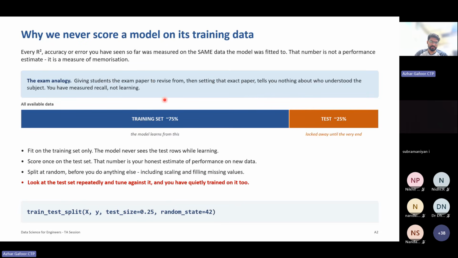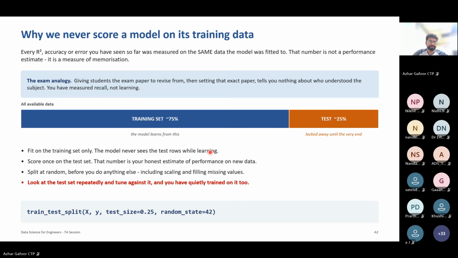So what we do is first use the training set to make the model learn, and we keep some other locked-away set, which the model has not yet seen, as our test set. We use only the training set for fitting, and the model never sees the test rows while learning or during the training process.